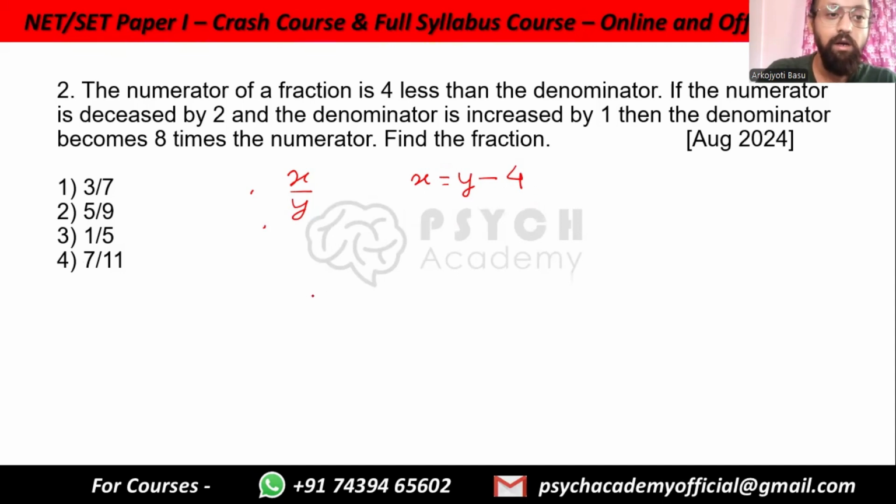Now if the numerator is decreased by 2, if x is decreased by 2 and the denominator is increased by 1, y plus 1, then the denominator becomes 8 times the numerator, that is 8 into the numerator, which means 8x minus 16 is equal to y plus 1.